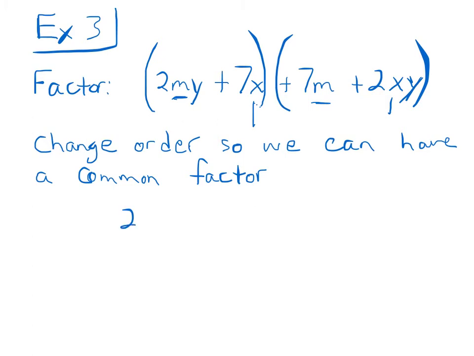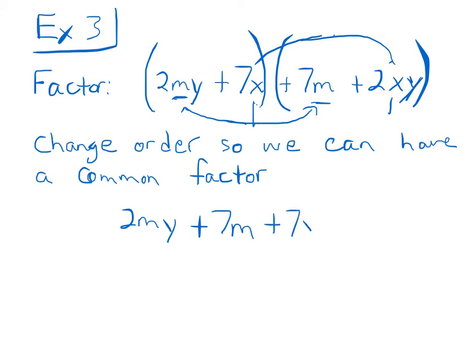It would make more sense to write 2my, and then the m's, it would make sense to put the m's together, right? And it would make sense to put the x's together. So I'm going to write 2my plus 7m, and then I'm going to write that plus 7x, and then plus the 2xy. Okay.